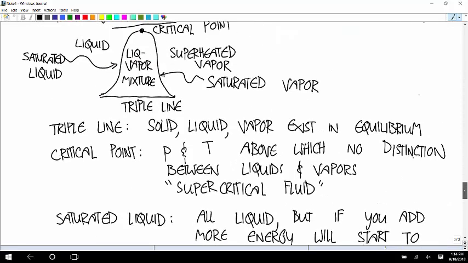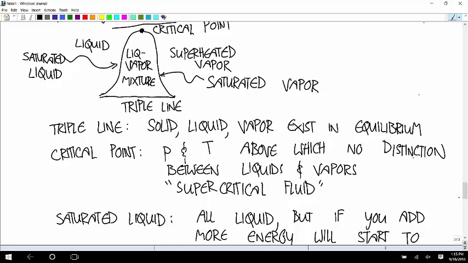Okay, so as long as you're not above the critical point, if you're in a saturated liquid and you add energy, it'll enter this region. And if you keep adding energy, more and more of that liquid will turn to vapor. I guess we're used to seeing water in this phase, like in a sauna or something.